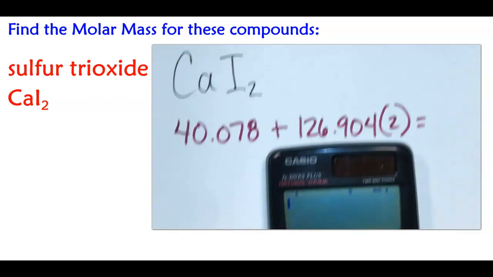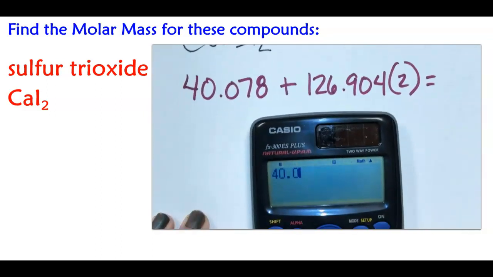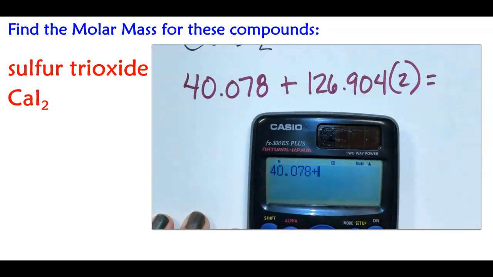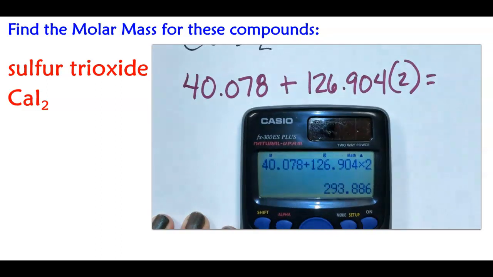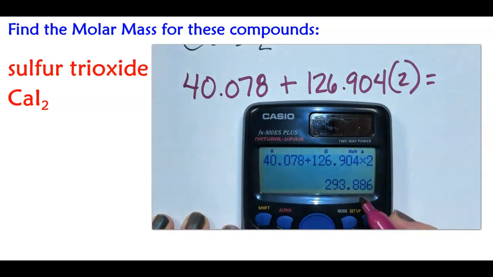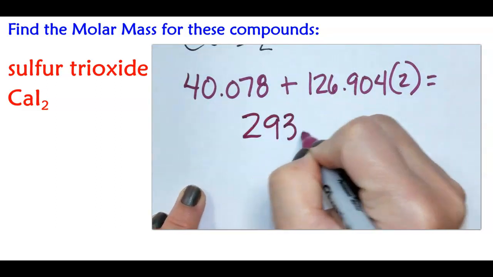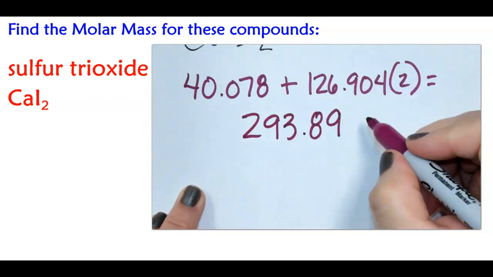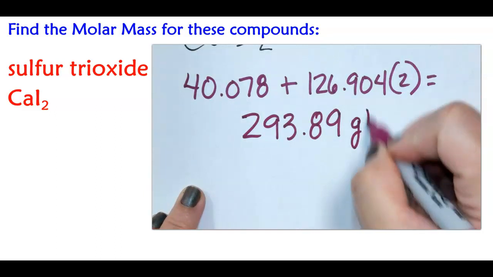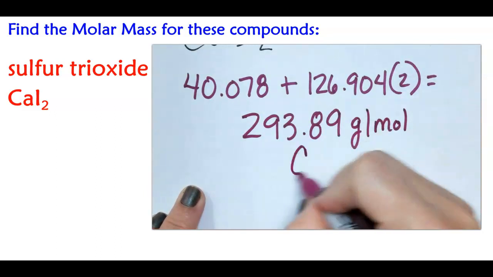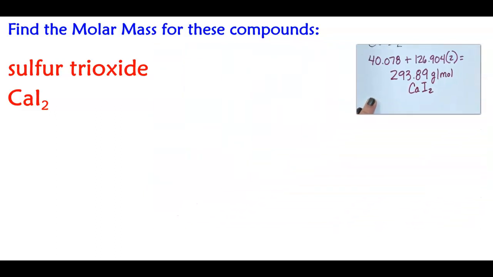We'll go add it up on the calculator. 40.078 plus 126.904 times 2 equals, and then we'll round this off to the second decimal place, 293.89. The unit for molar mass is grams per mole, and remember this was of calcium iodide.